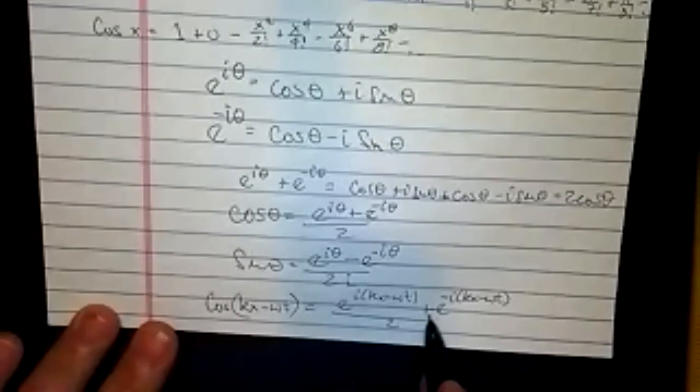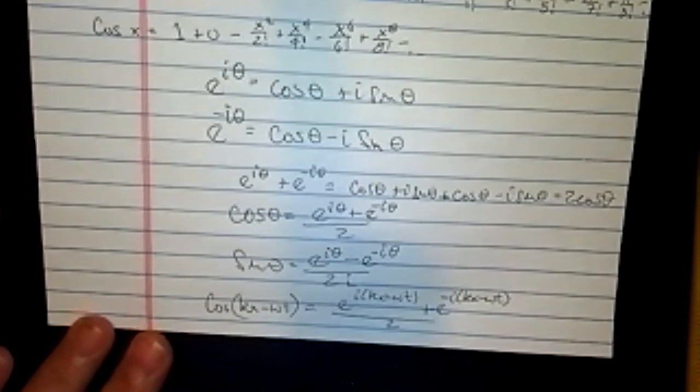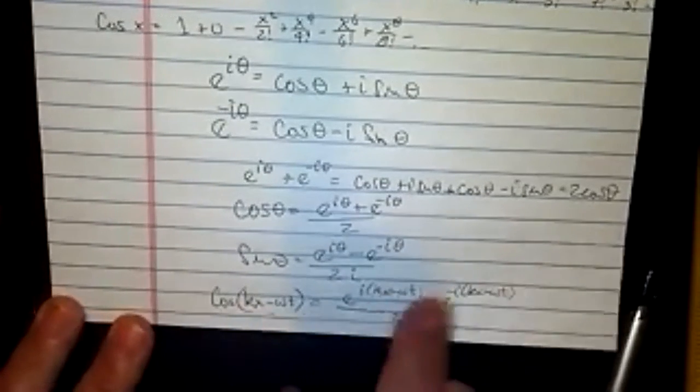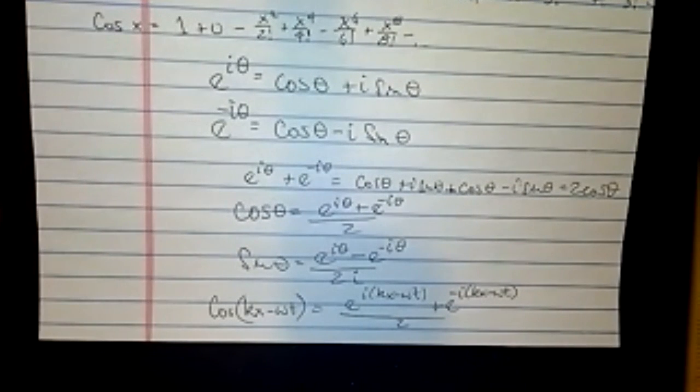Similarly, if we do the sine, we'd have to do a subtraction, and we do over 2i. But that is just a way we can get into trig functions, and sometimes it's a lot easier to work with exponential functions when you're doing certain proofs and identities than it is to work with trig functions.